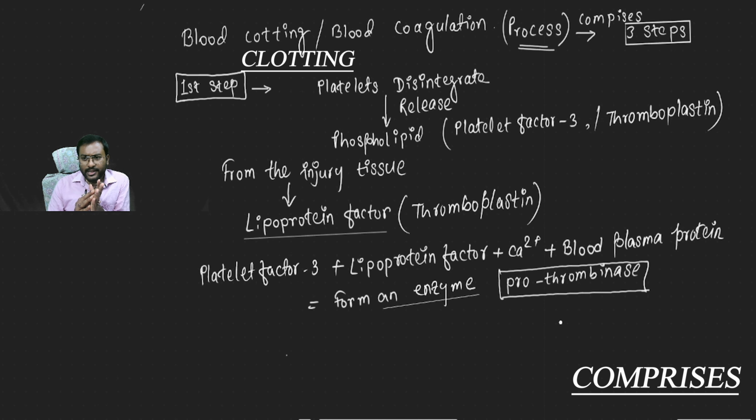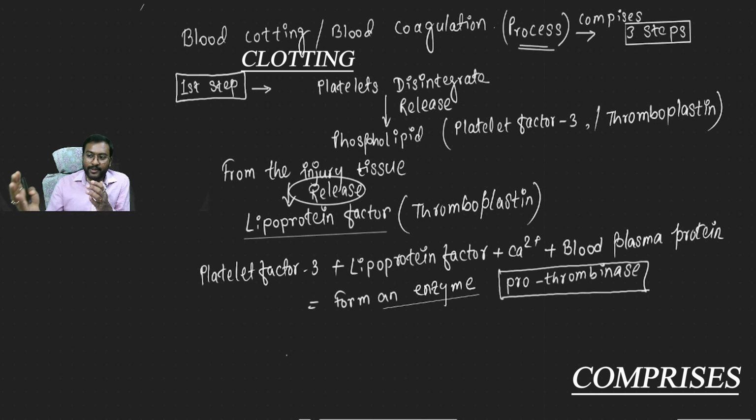So at first, at the cutting site, or the injury site, platelets disintegrate and phospholipid is released, which is also known as platelet factor 3 or thromboplastin, and from the injured tissue lipoprotein factor is also released, which is also known as thromboplastin.